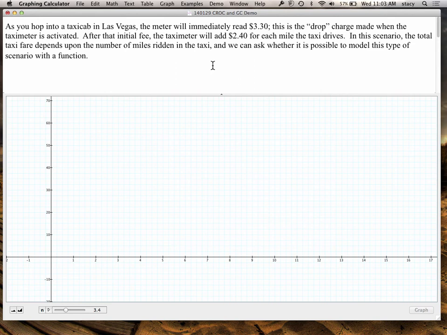Is that answering the question of whether or not this is a functional relationship? Yes. I think you can use a function because it only asks you to put miles into the function and it spits out the rate.